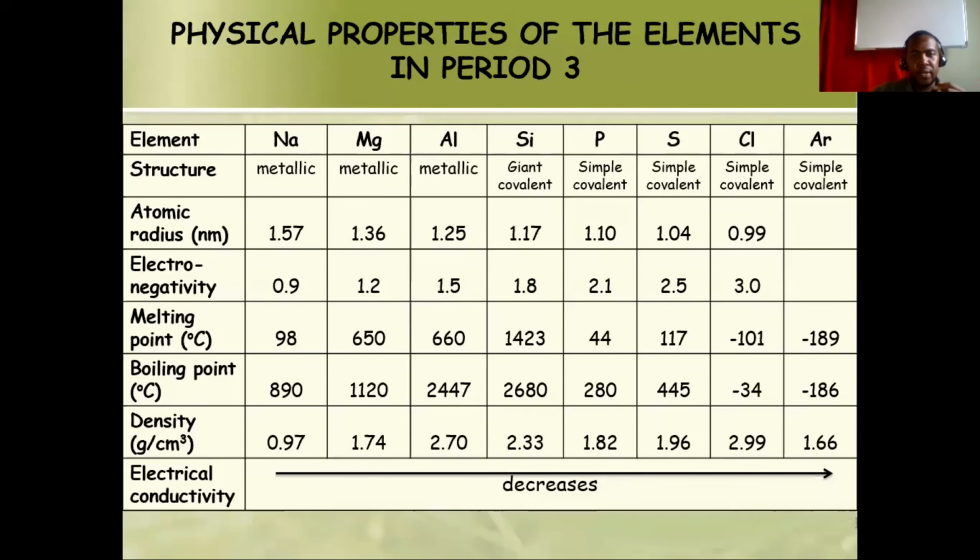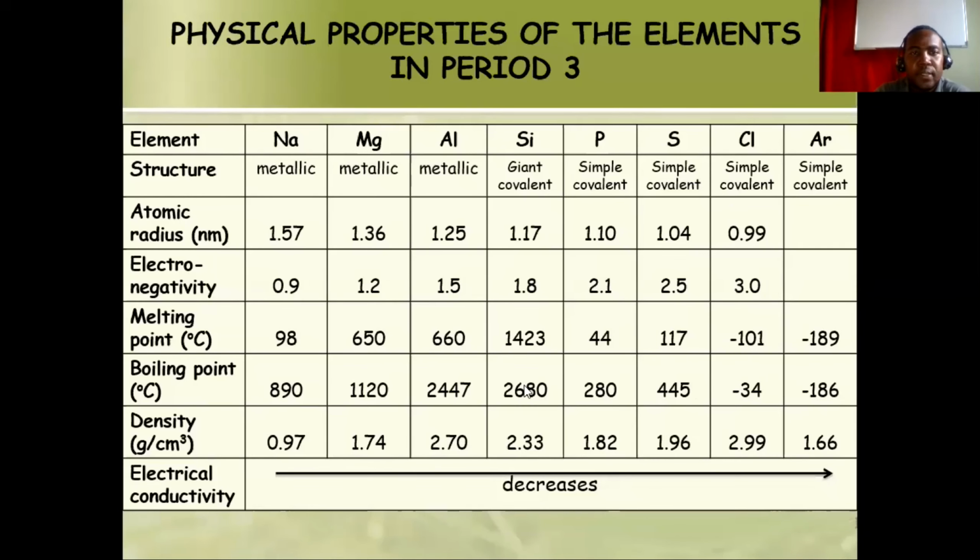Your density, for your metals, fluctuates as we looked at previously, and electrical conductivity decreases going across, right? So we know that our metals are the best conductors. So going across, moving away from metals, they are going to reduce their conductivity.